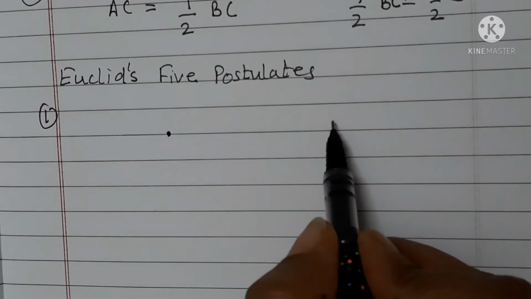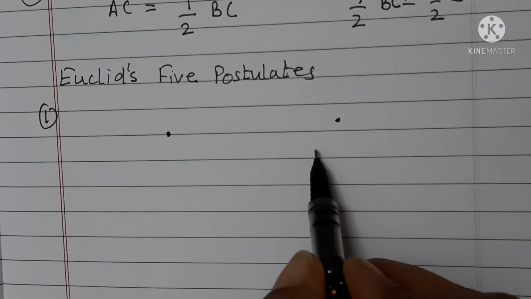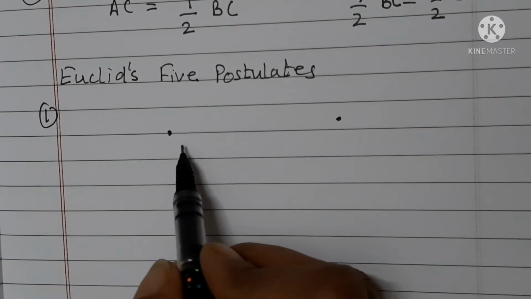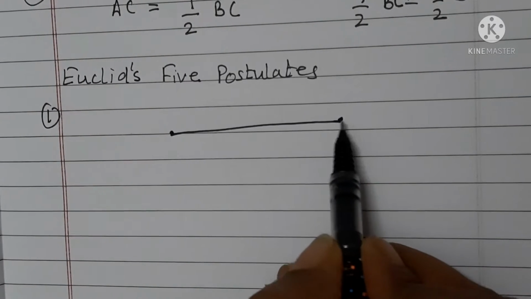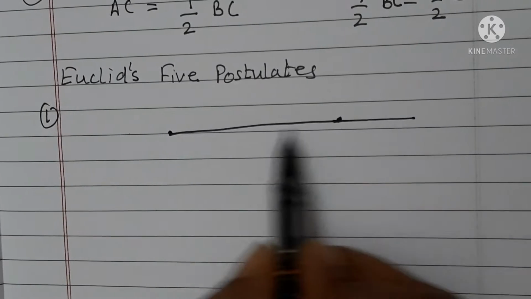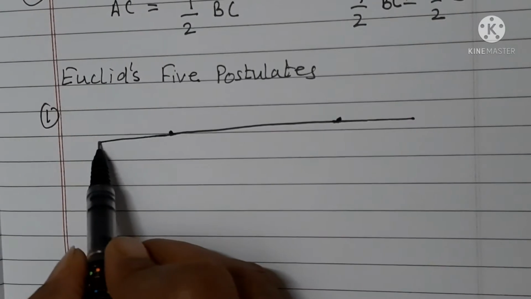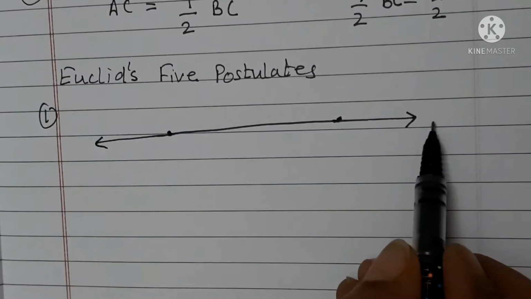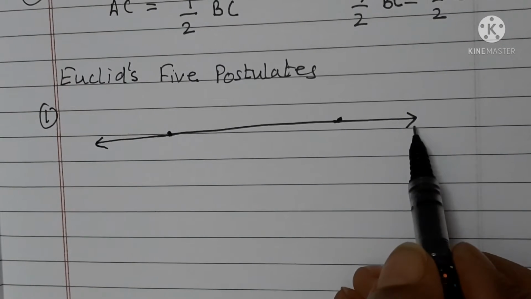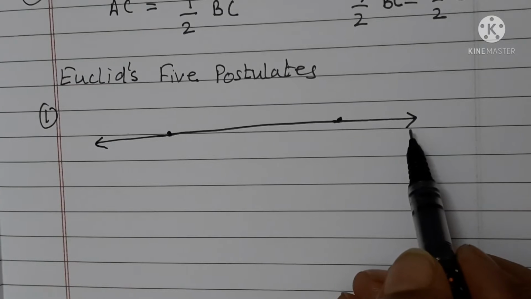This is one point, this is another point. So here you can join these points and extend it in both directions. Only a unique line you will get. So this is the first postulate.